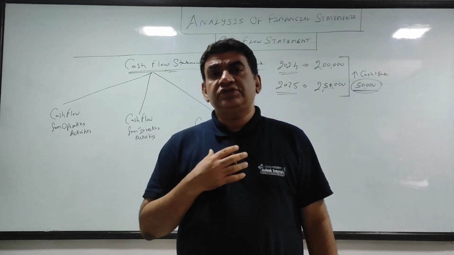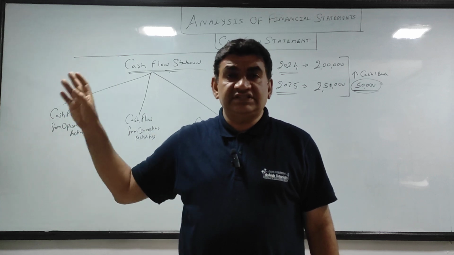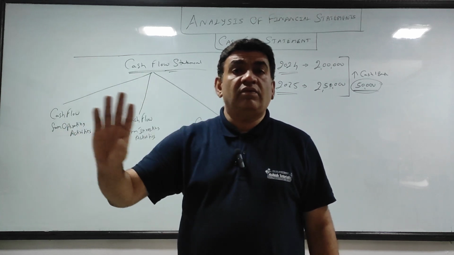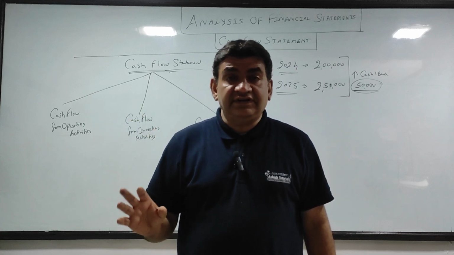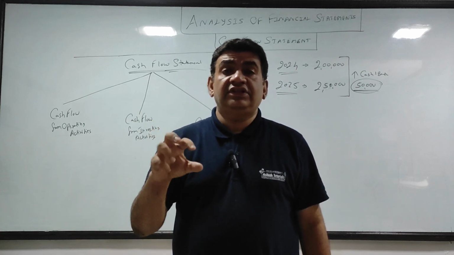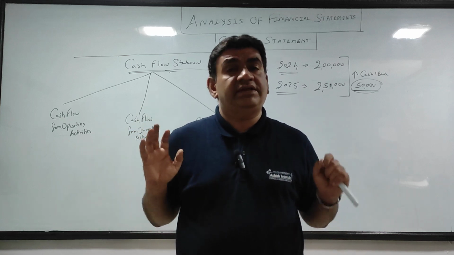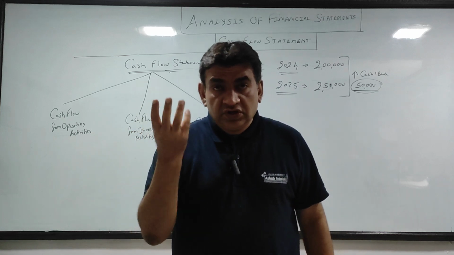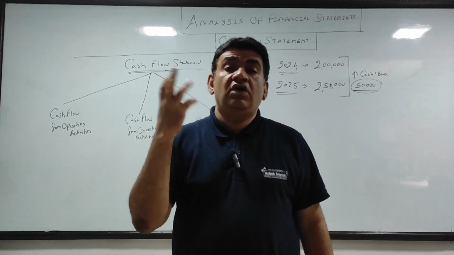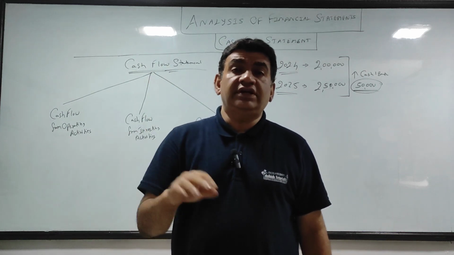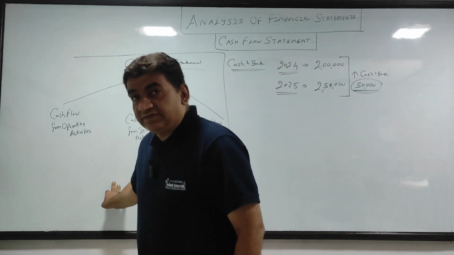अगर मेरे पास सरप्लस पैसा है, मैंने शेयर्स या म्यूचुअल फंड्स या बॉन्ड्स में इन्वेस्ट किया है, that is not my operating activity. Operating activity means that activity which is connected with your main business. So from your main business, how much cash you have generated or how much cash you have reduced or lost, that is your cash flow from operating activities.